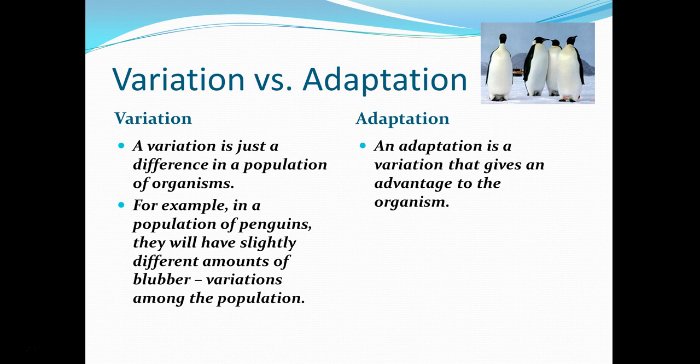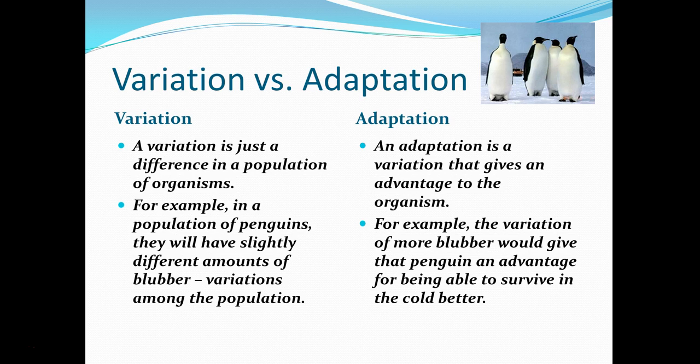However, an adaptation always gives the organism an advantage, and that's the key difference. So in order to be an adaptation, it has to give the organism an advantage, although you can definitely have variations that aren't adaptations. In fact, some variations may not give the organism an advantage at all. It may be a detriment or a negative effect on that organism.